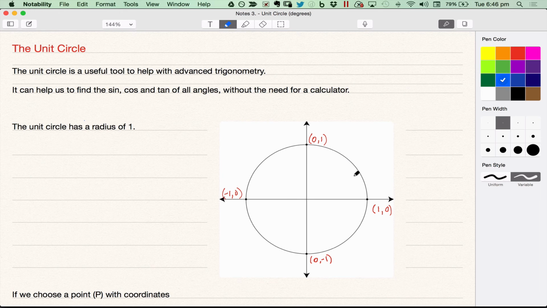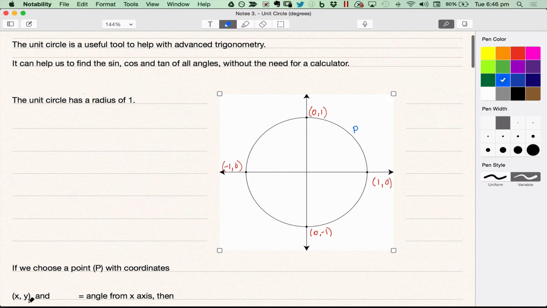If we choose a point, and I'm going to call it P, we can say this has coordinates x comma y, which just means there's an x value and there's a y value.